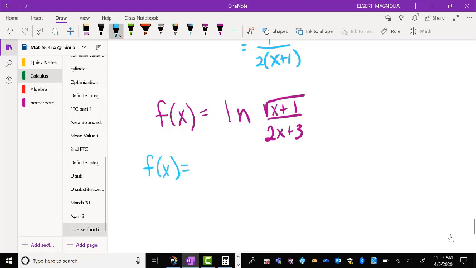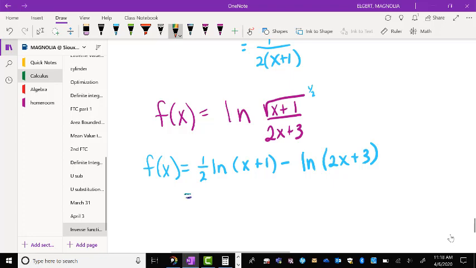First of all, remember this square root is the same as that 1/2 power. So it's going to be 1/2 the natural log of x plus 1. And then remember dividing is a subtraction. So minus the natural log of 2x plus 3. Now I'm going to go ahead and take the derivative. The derivative of this 1/2, again, is a coefficient.